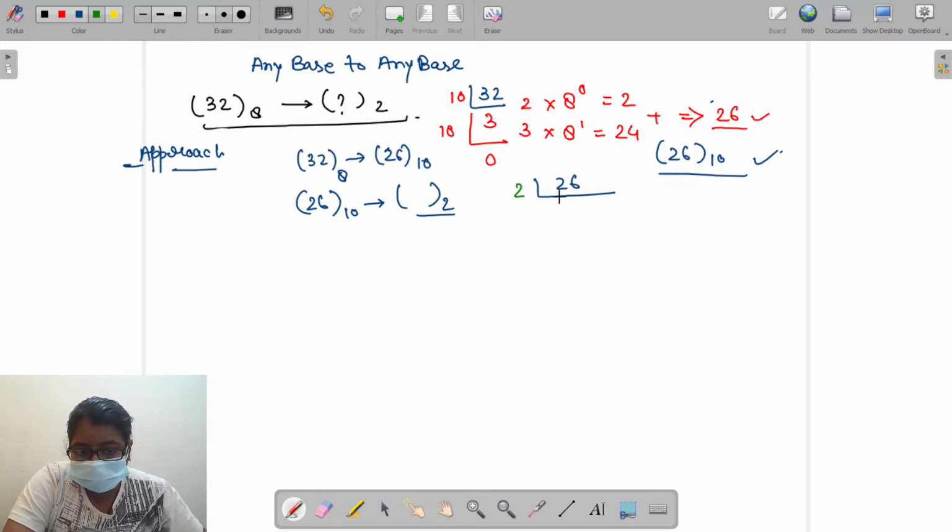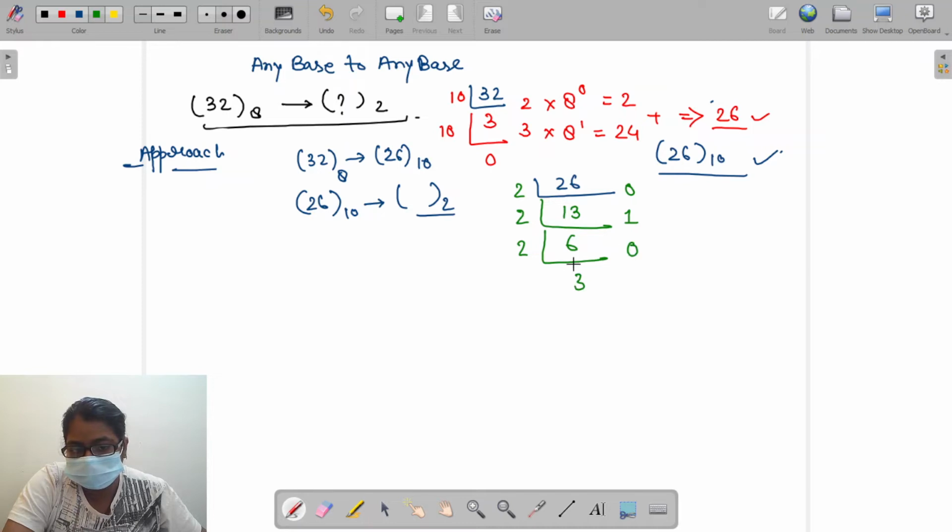It goes 13 times, remainder is 0. It goes 6 times and remainder is 1. Then 3 times, remainder is 0. Then 1 time, remainder is 1. Then 0 times, remainder is 1.